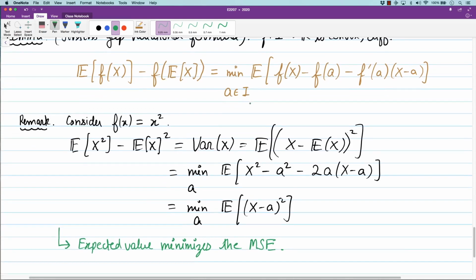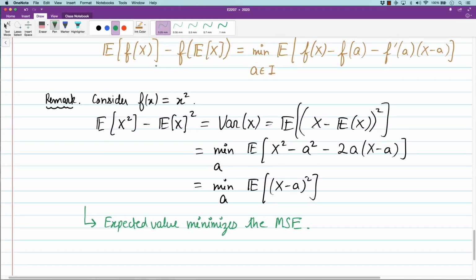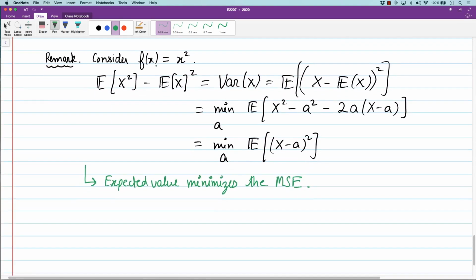Now, an interesting question: what happens when you look at the other convex function that we have been using in this course? So here is the corollary that we were after.